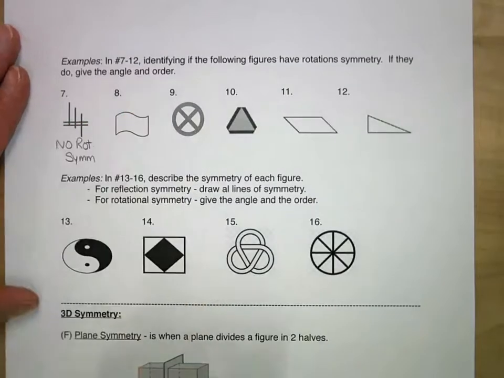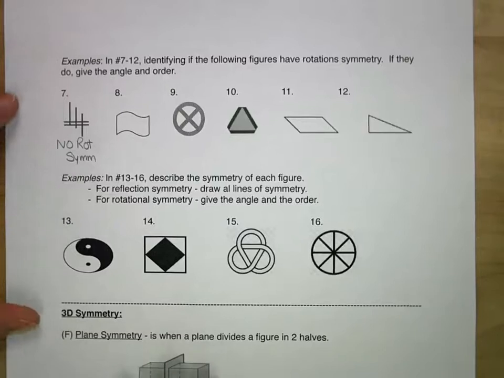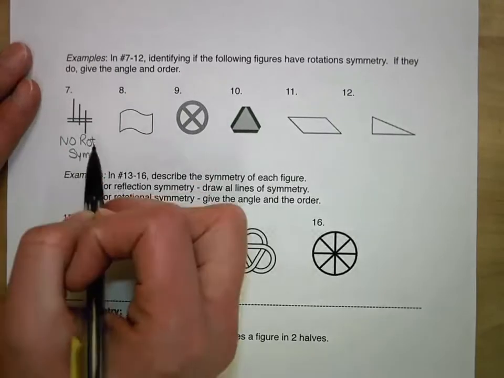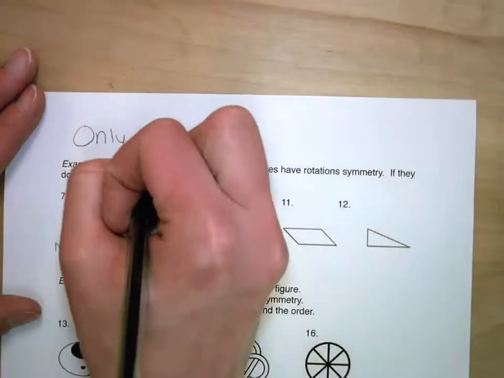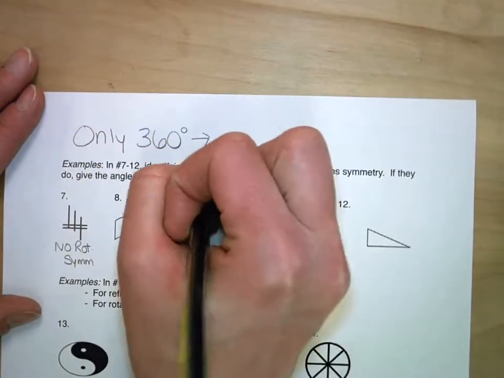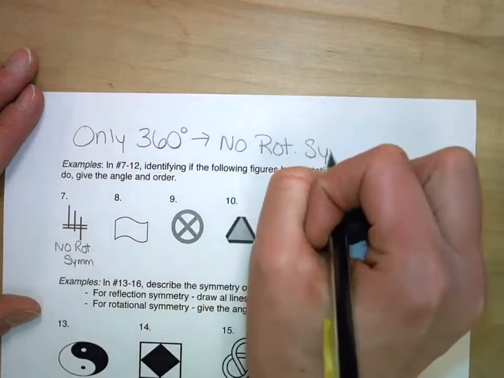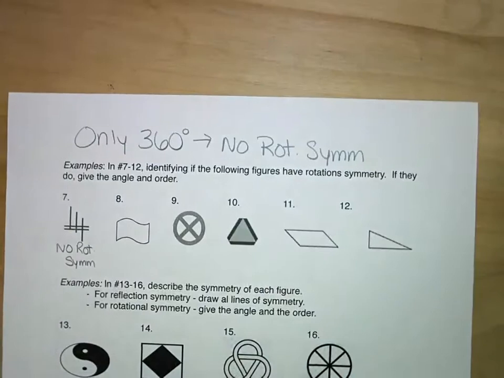Now some people will say that it has 360. Yes, everything has 360, but your book says that if it's only 360, we should say none. So if it's only 360, we should say that there's no rotational symmetry. That's kind of what your book says, so we're going to go by that, okay?